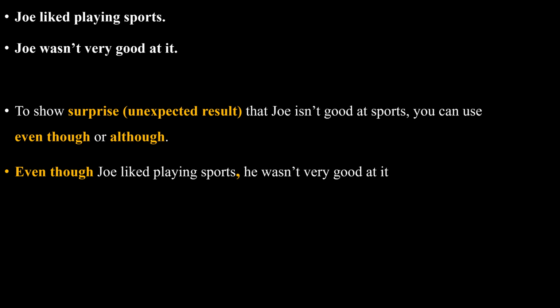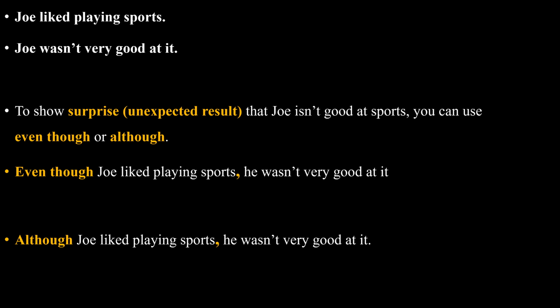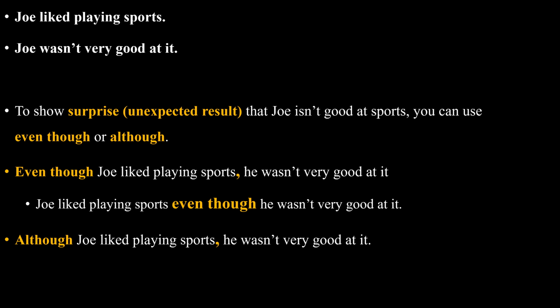So if I use even though in the beginning, it will be like this. Even though Joe liked playing sports, comma, he wasn't very good at it. Although Joe liked playing sports, comma, he wasn't very good at it. Remember, you can put the subordinator in the middle as well.